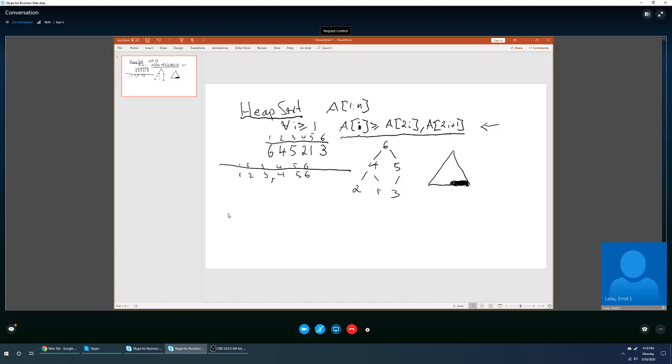There's no twice 5. There's no twice 6. There's 2i, so if i is 4, 8 and 9 don't exist. If i is 5, 10 and 11 don't exist. If i is 6, 12 and 13 don't exist. So these elements, without any further work, clearly satisfy the heap condition. In fact, we can populate this second half of the array any which way we want, and there will never be a contradiction to that heap condition.